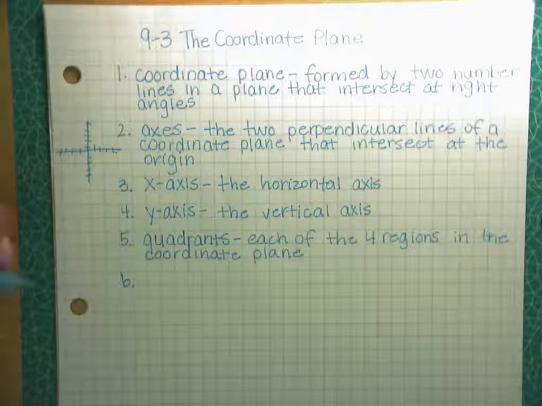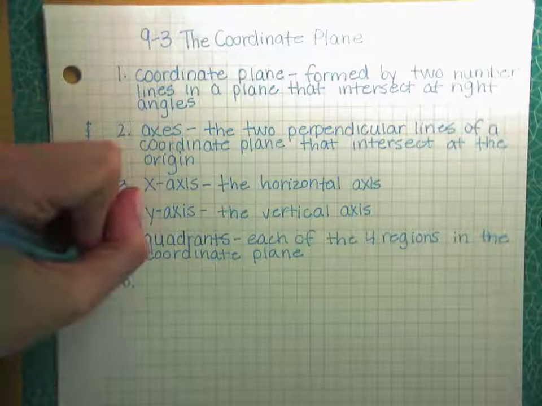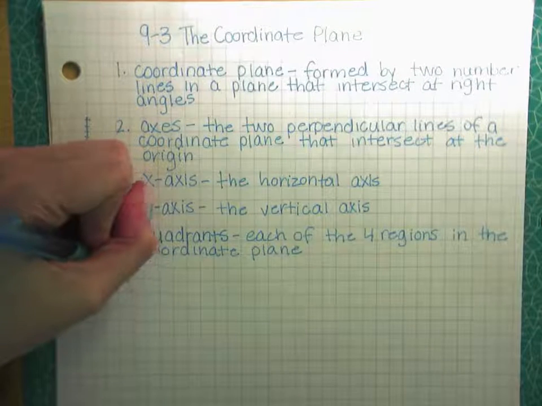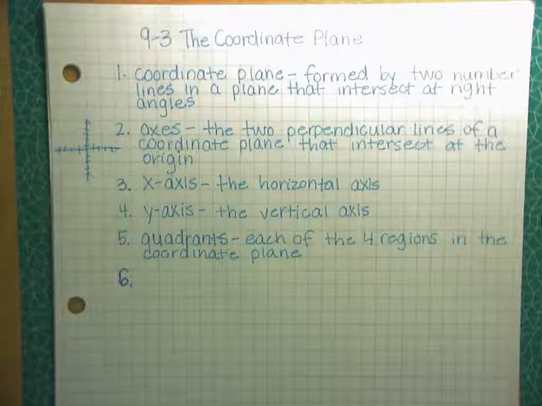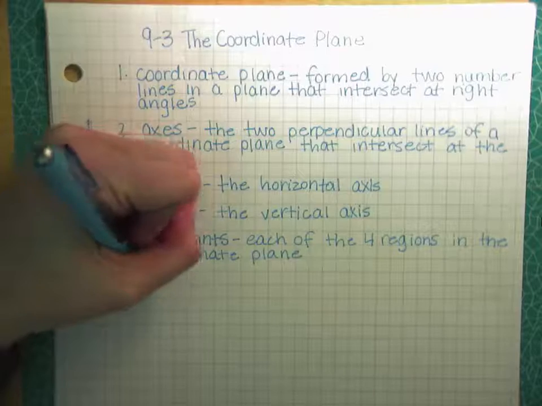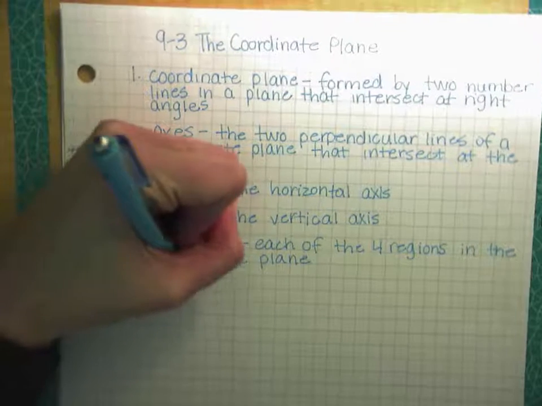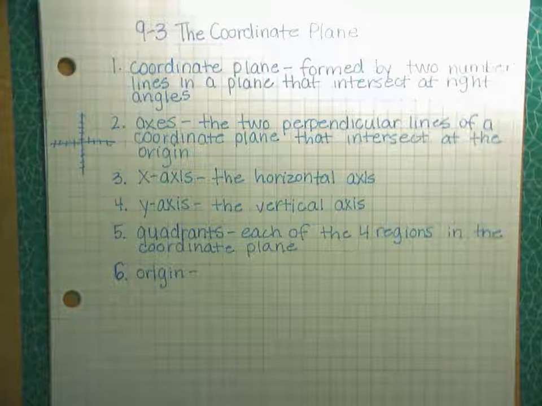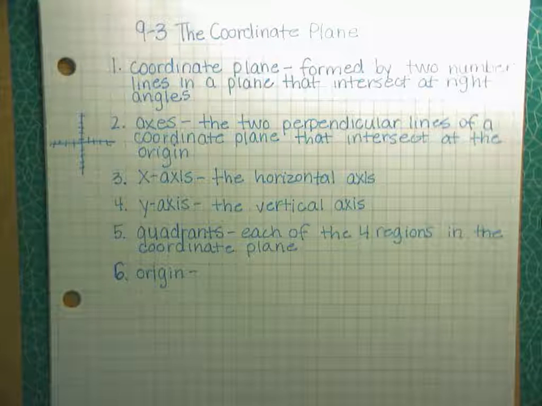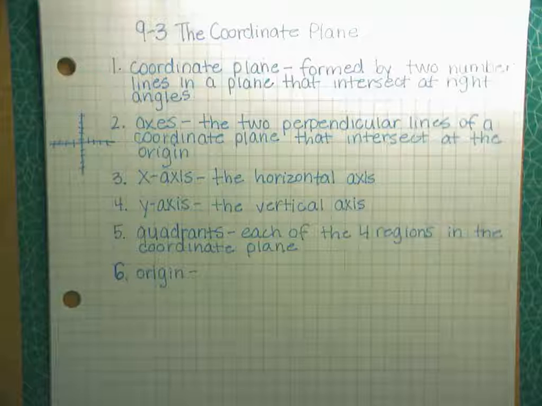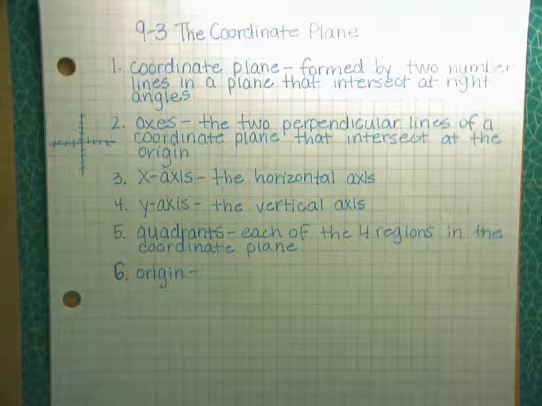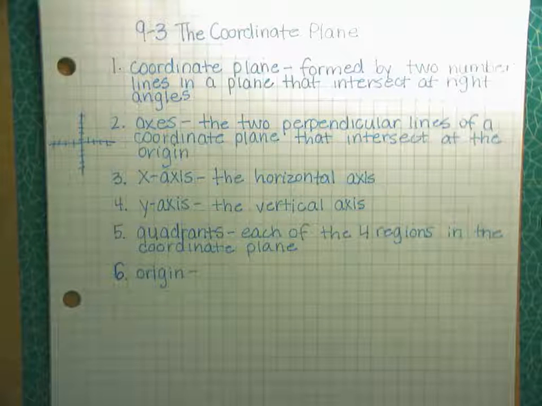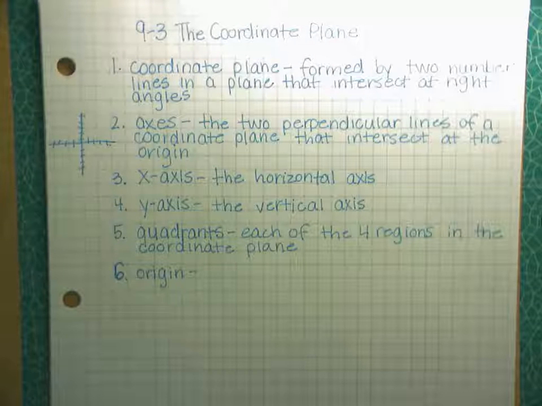Okay, the next term and the last one we're going to look at for now, and this is a 6, not a B, is the word origin. I mentioned that one earlier. So the definition for axes is that they're 2 perpendicular lines of a coordinate plane that intersect at the origin.